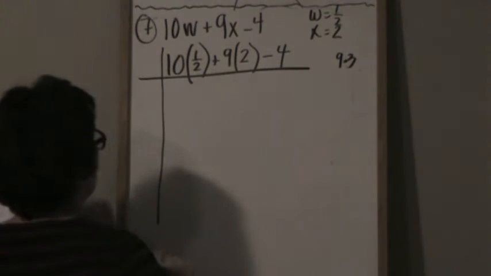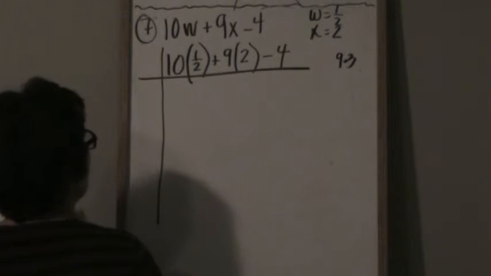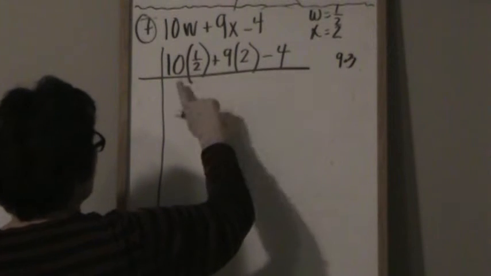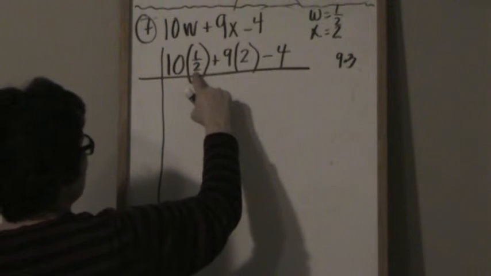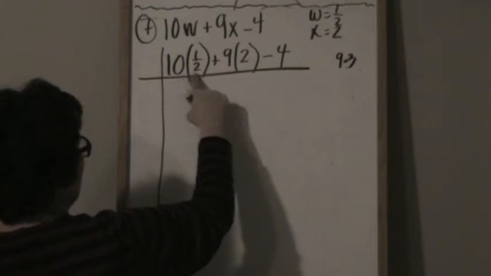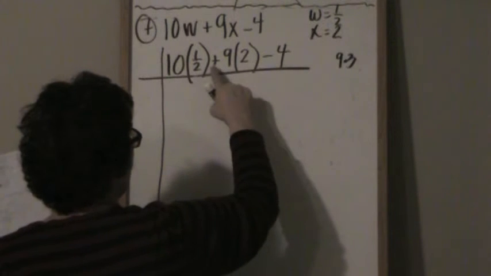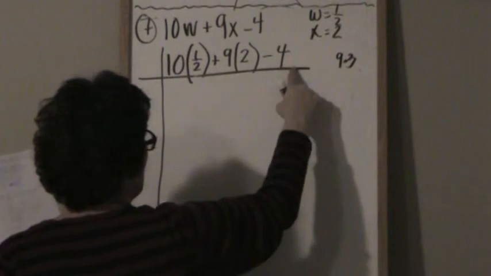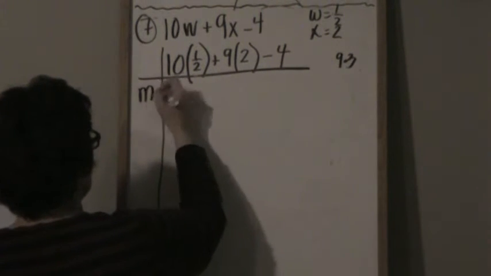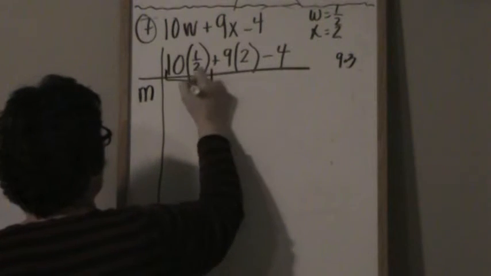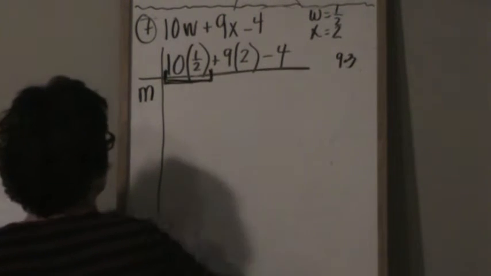All right, I don't know why I just underlined all of that. Anyway, okay, so no parentheses. Well, this is already solved in the parentheses, but here we know that means multiply. Okay, so I have multiply, addition, multiply, subtraction. So I'm going to multiply first, and I'm going to multiply the one on the left first.